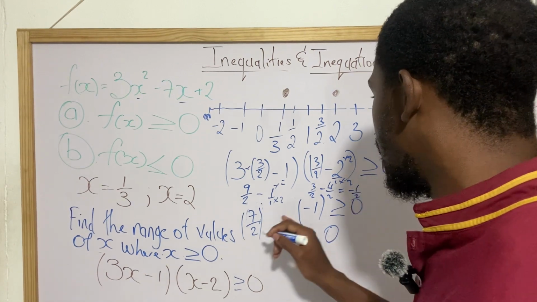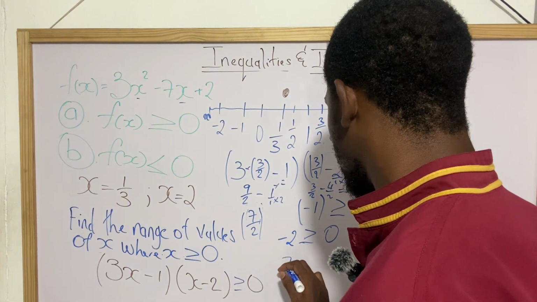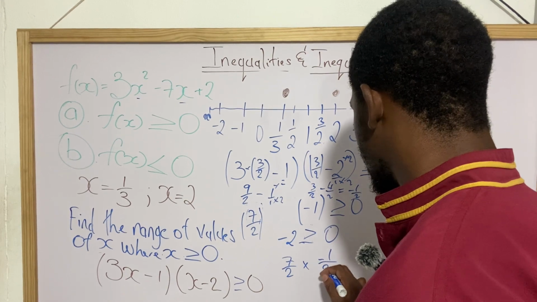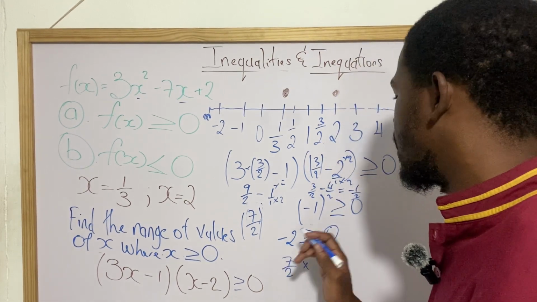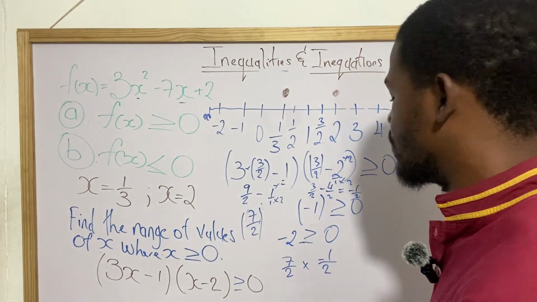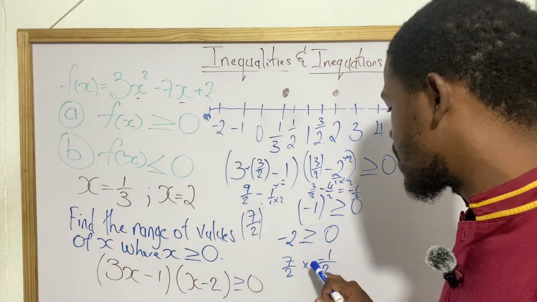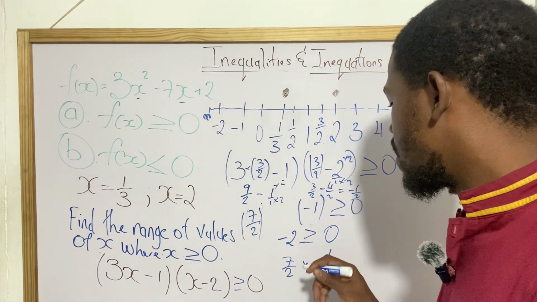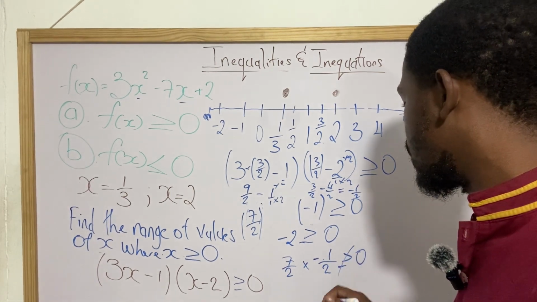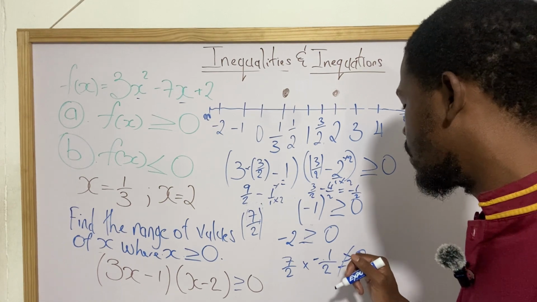So a -1/2 times 7/2, we're actually going to get a negative answer. The basic thing is that a positive and a negative is going to give me a negative answer. And because it's a -1/2, any number in the negative is certainly not greater than or equal to 0.